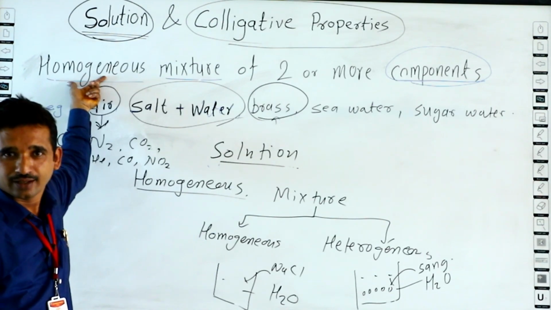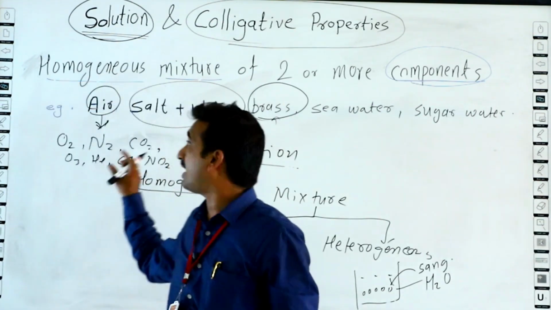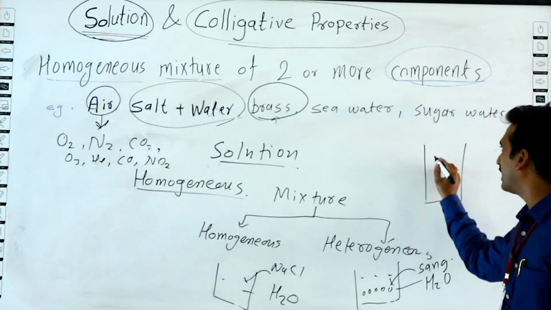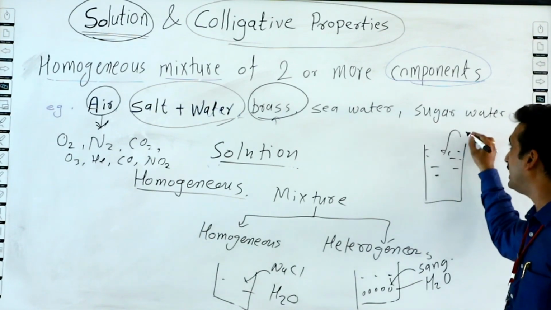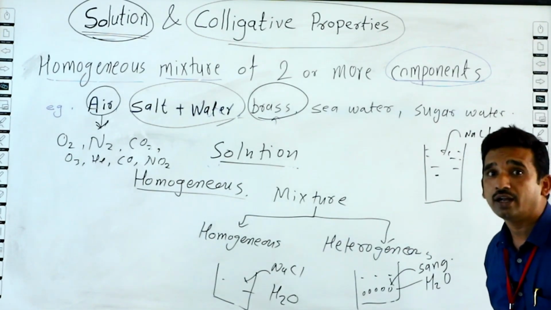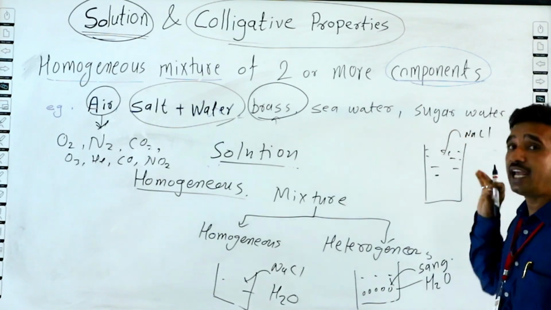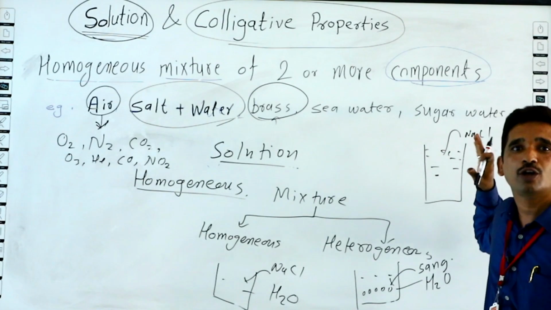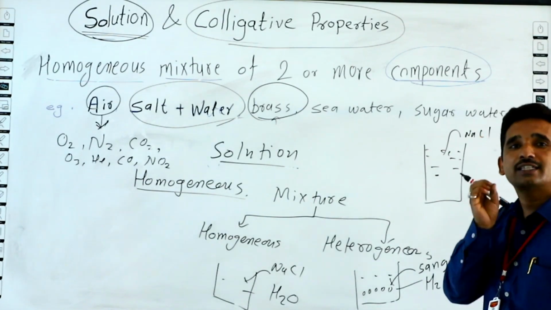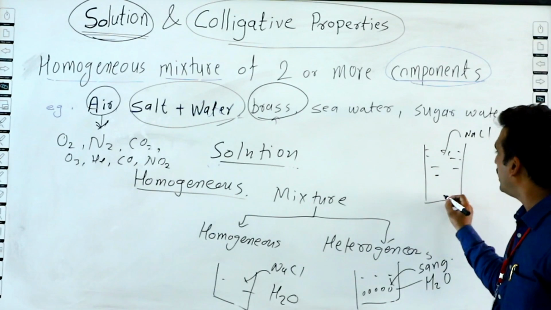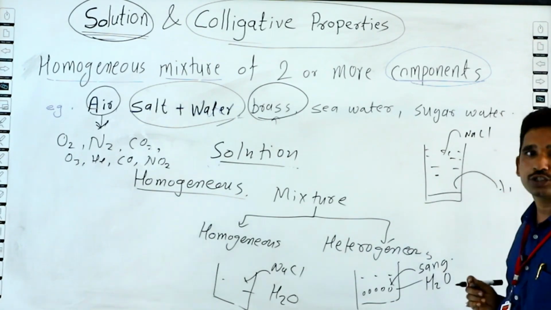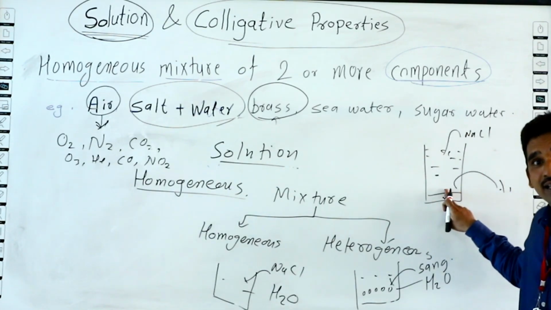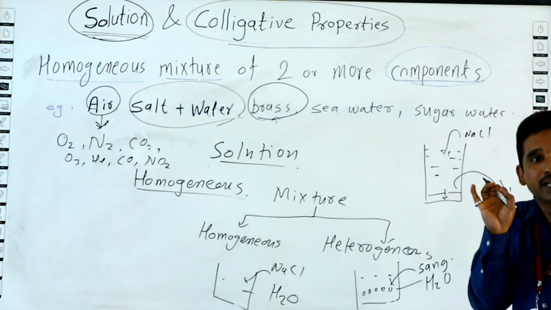Are you getting? The second example is salt plus water. When we add some NaCl salt in a glass of water and I taste some drops from the glass, it becomes salty. The taste is somewhat salty. When we remove some solution, even the last drop from this glass, it has the same taste.